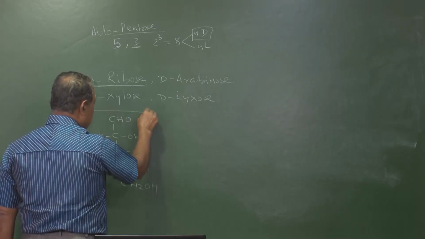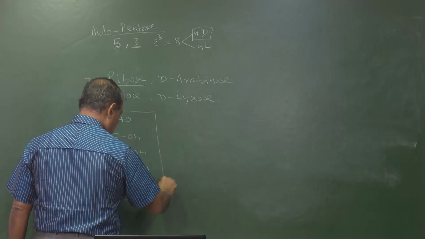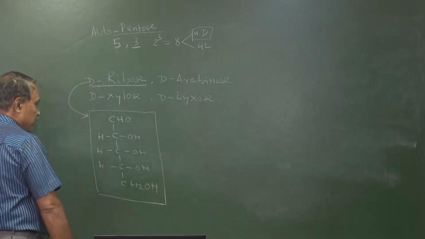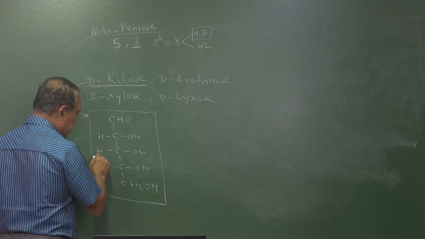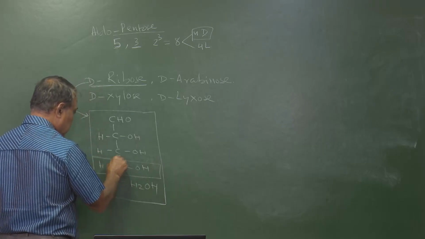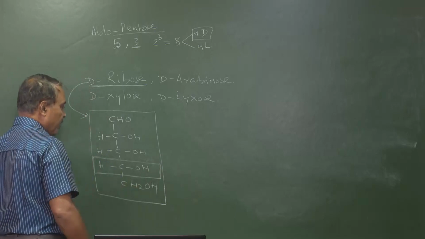This is our D-ribose. Always mark, when I am saying D, it must be in this configuration. This is the last one, I mean to say the farthest asymmetric carbon atom.